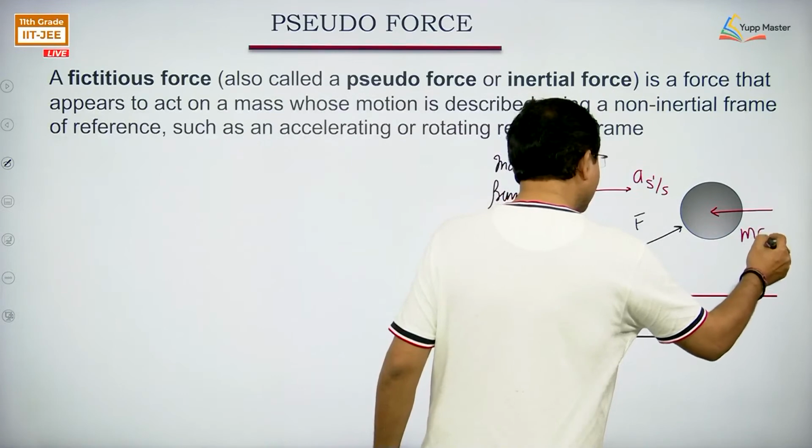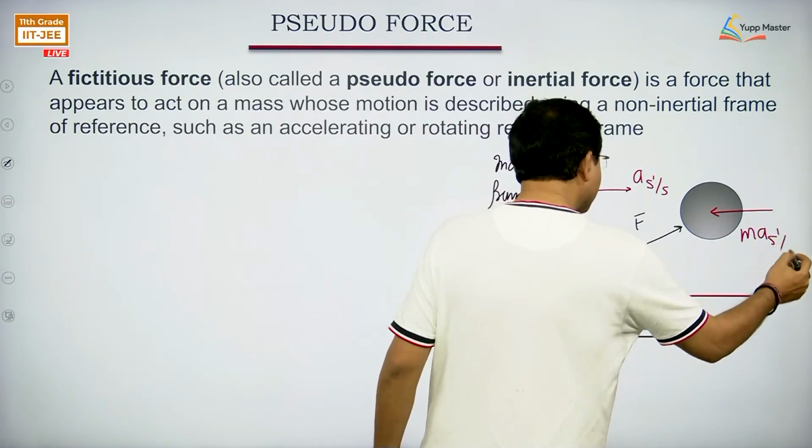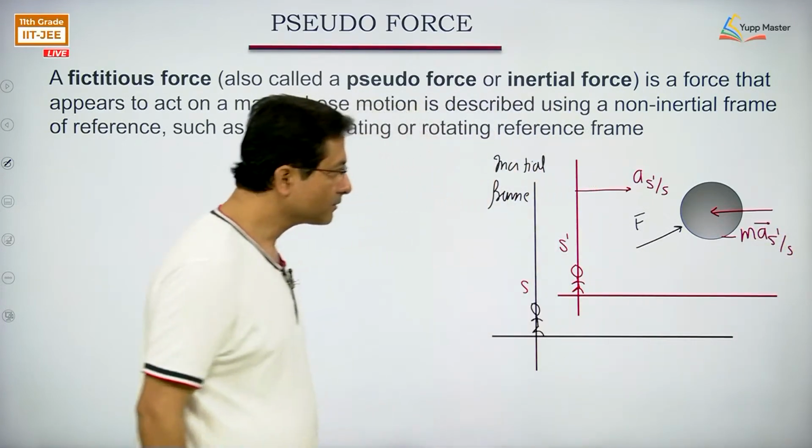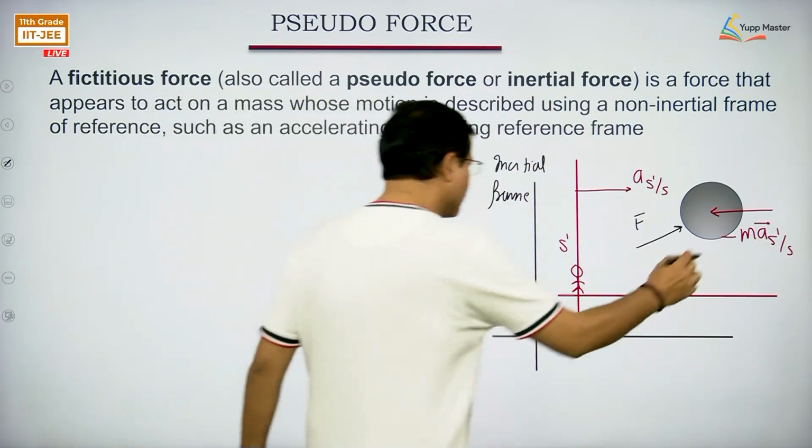So mass into acceleration of S dash with respect to S, direction opposite, right? So this we call pseudo.